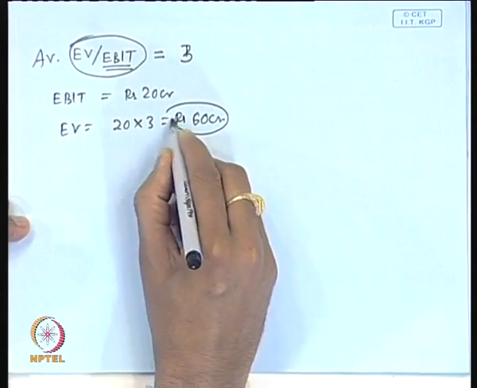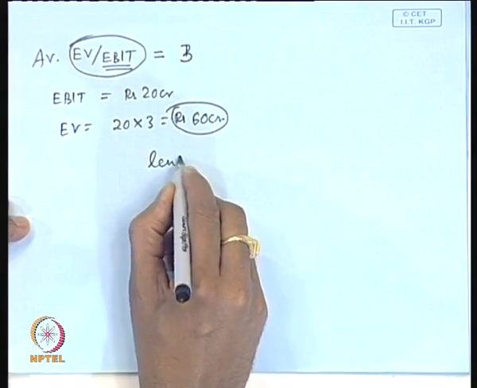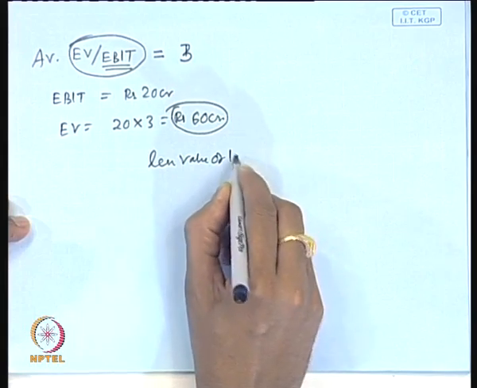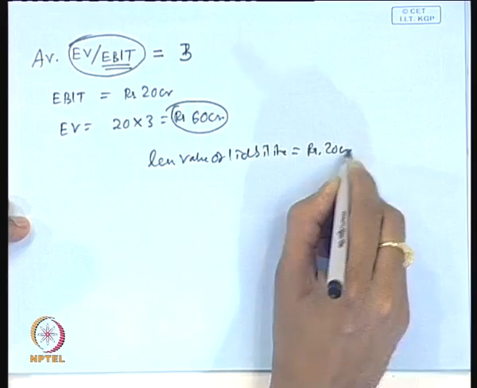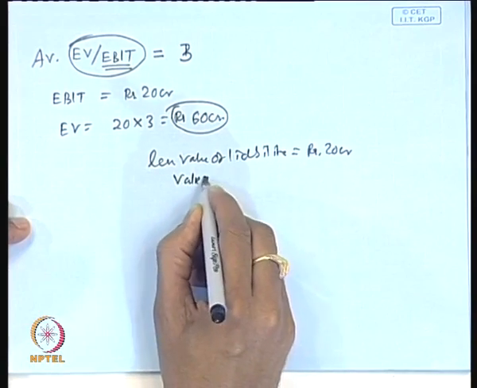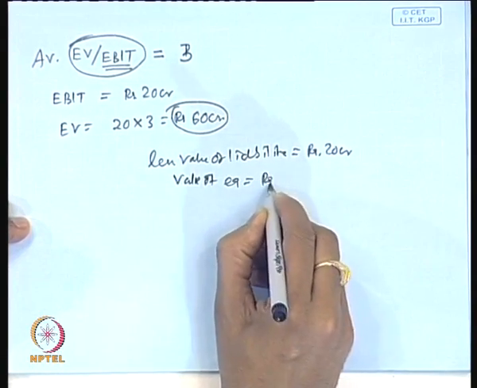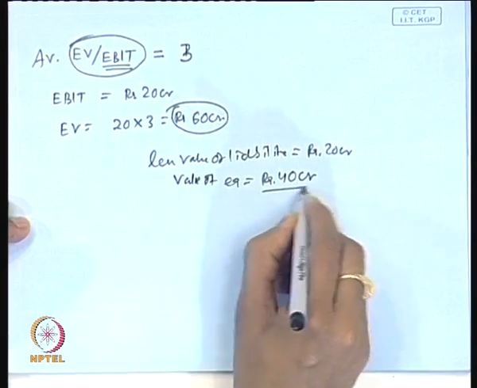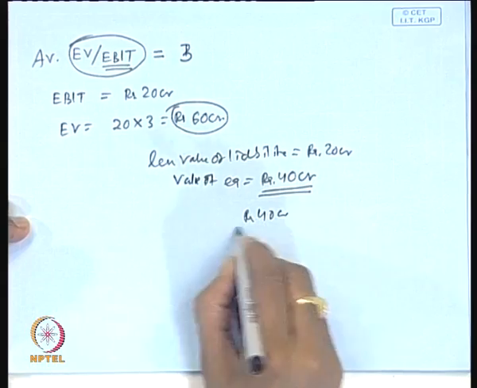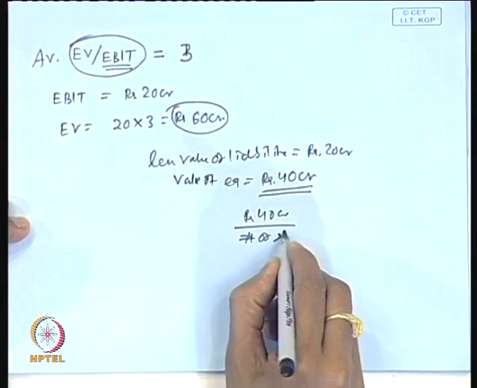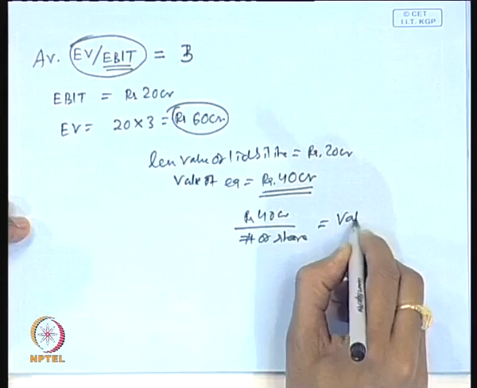So, this is the enterprise value. From that we less the value of liabilities, let us say it is rupees 20 crore. So, the value of equity is now rupees 40 crore. Then you divide this rupees 40 crore by the number of equity shares, that gives the value per share.